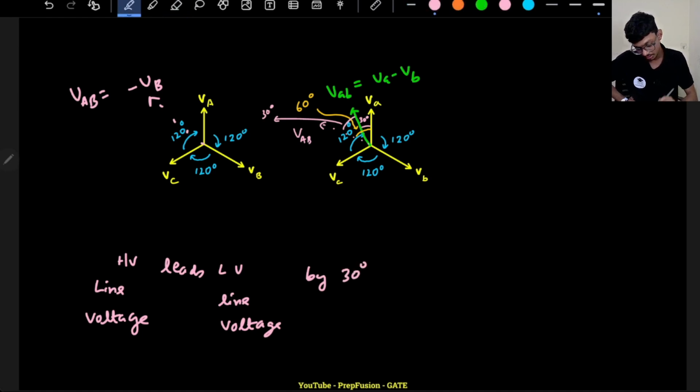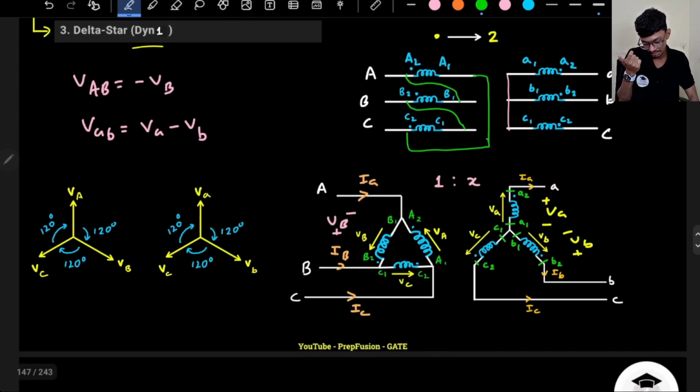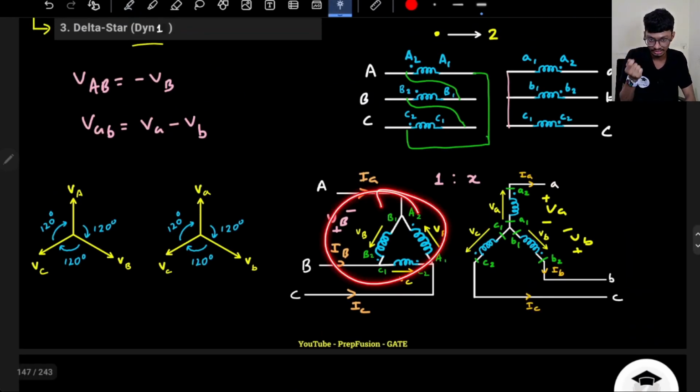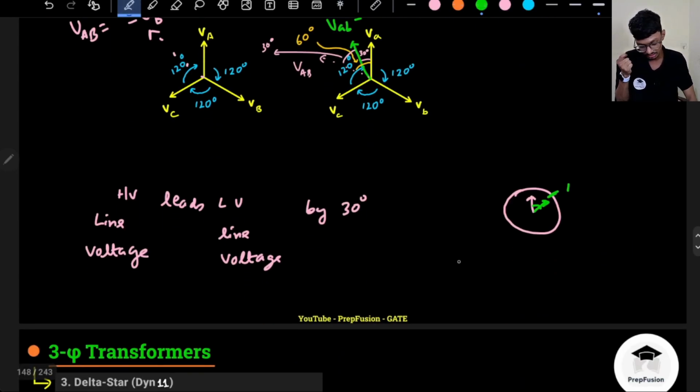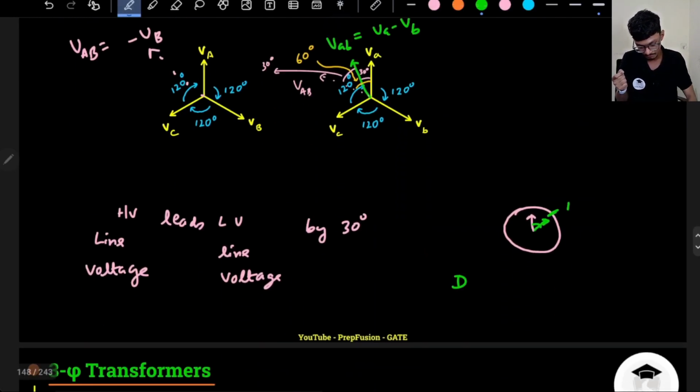Okay, so how will the clock diagram be? My HV will always be at 12 o'clock. Since HV leads, LV will be in the clockwise direction, somewhere here, 30 degrees. This is 1, right? So what is the connection name? On the high voltage side it is delta, so D, and on the low voltage side it is star, so Y, and then it is 1.